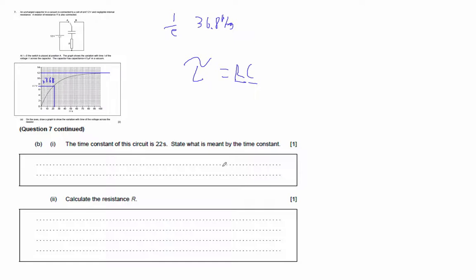So you can just say that with words. And then calculate the resistance R. Well, if this is 22, and then this one is 4.5 picofarads. Oh, it's microfarads. If that's 4.5 times 10 to the minus 6 farads, then I think you can do the maths there.